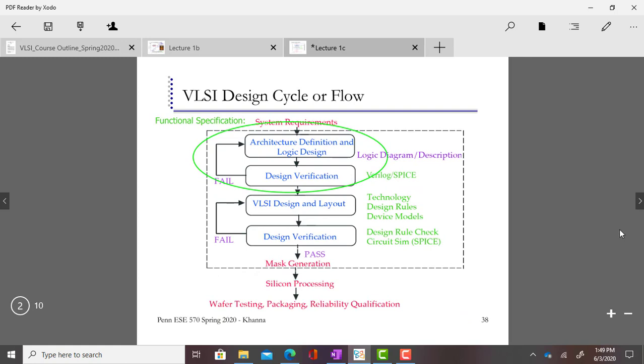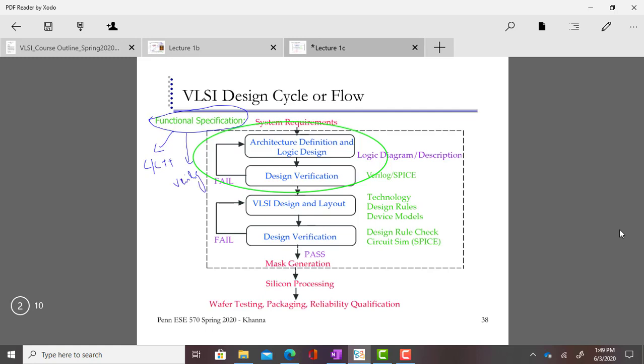Okay, so again, the same diagram. In another kind of explanation, the first is functional specification, and by functional specification I mean you specify it in C, C++, or Verilog.